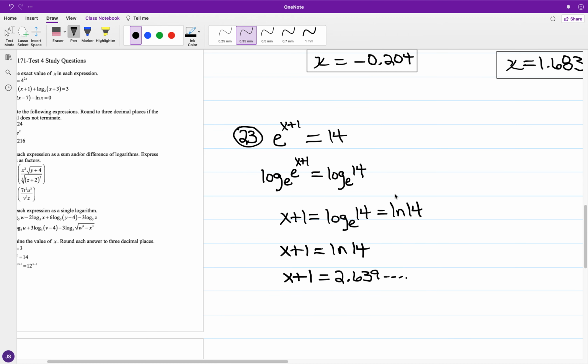And just taking 1 away from both sides, and to the nearest 3 places, it follows that x is going to be about 1.639.